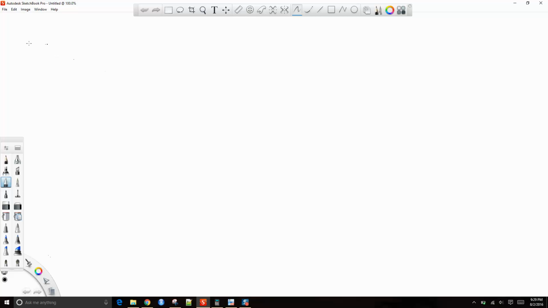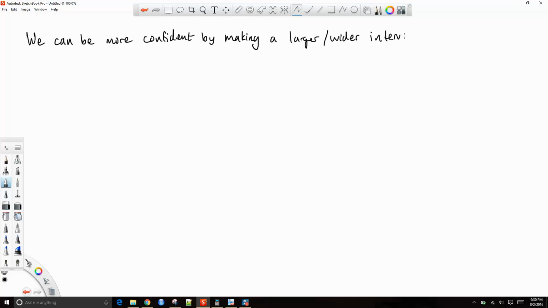So we can be more confident by making a larger or wider interval, and we can have a smaller interval, but our confidence level will go down.